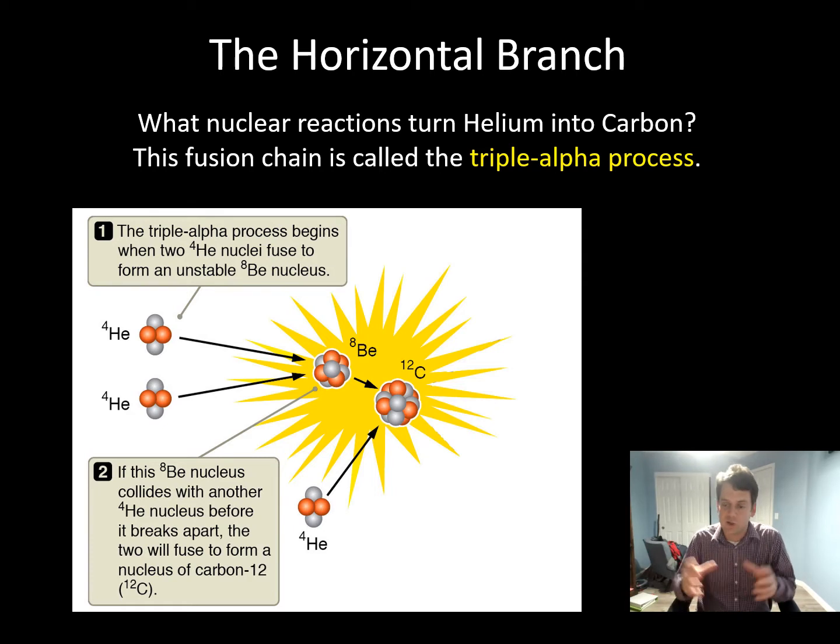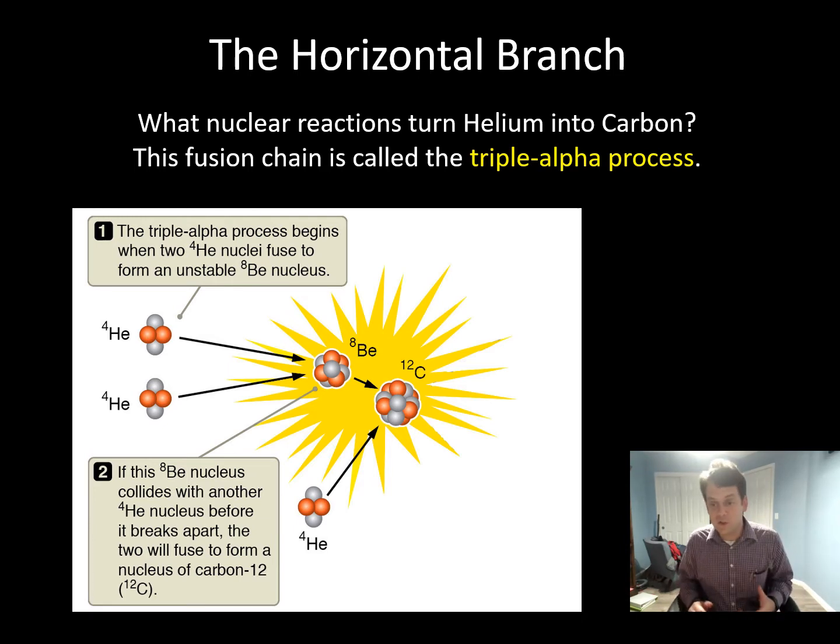There's a whole lot of helium nuclei packed into a relatively small space, certainly on the scale of a star, and so it's dense enough that this will happen. And when that beryllium-8 collides with the 3rd alpha particle, they fuse again, they form a carbon-12 nucleus, and carbon-12 is quite stable. More energy is released, and thus you have the triple alpha process.